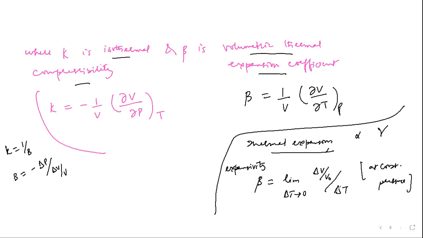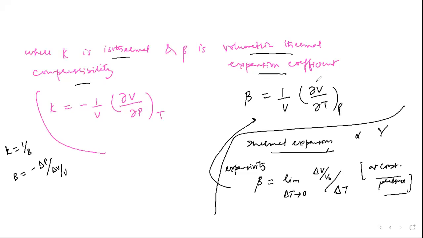You can see it will have SI unit of per Kelvin. The numerator is unitless, but during this change in temperature, it is assumed that the pressure is kept constant. So there is a fractional change in volume per change in temperature, with pressure staying constant.